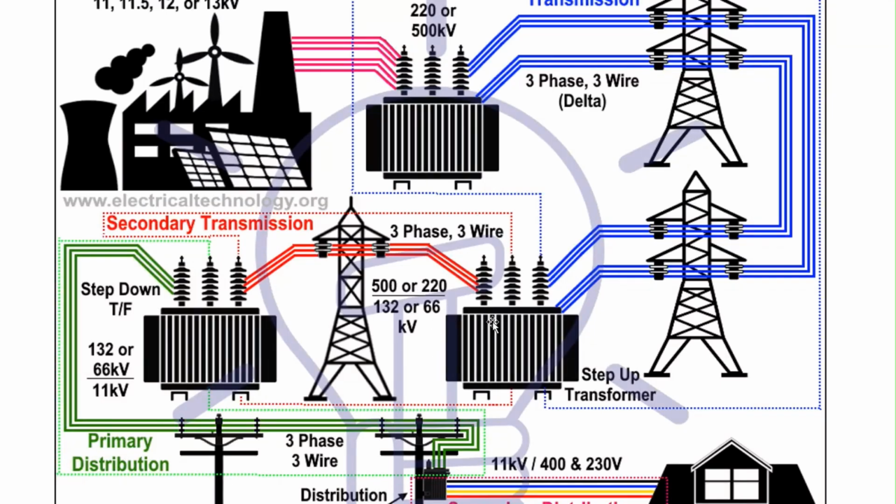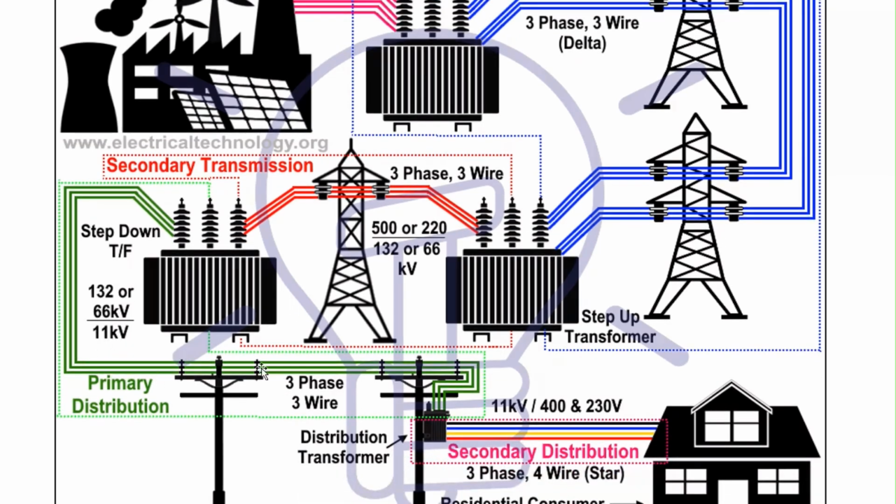Before that, it is converted into a lower voltage level. So this transmission voltage at this end, you see 500 or 220 kV, is brought down to 132 kV or 66 kV level. This is used for local distribution, and then again it is brought down from 132 kV or 66 kV to 11 kV.